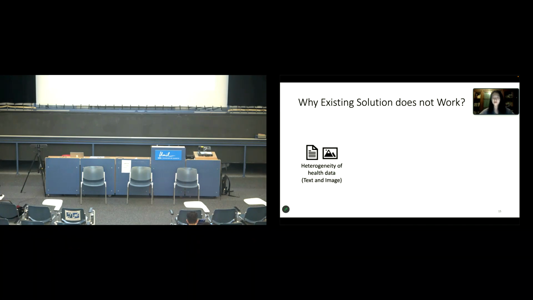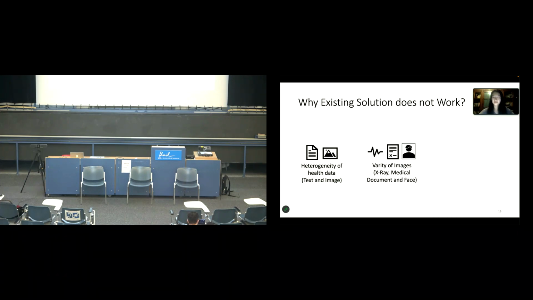That being said, you might be wondering why existing works cannot identify such leakage or detect such privacy violation in these websites. First, the heterogeneity of health-related data makes it difficult to accurately identify different sensitive information fields. Information extraction techniques in text differ from those of images.